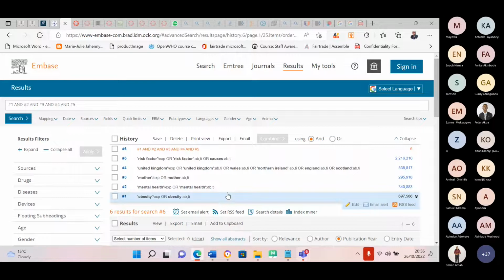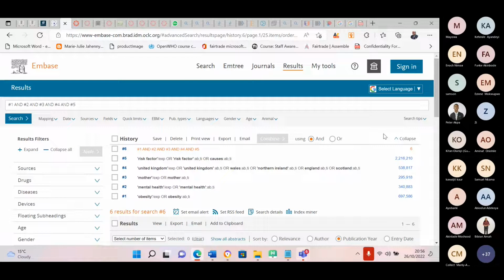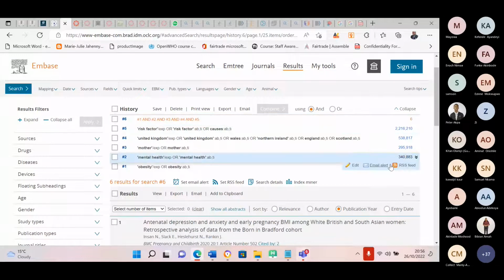So this time around, I have only 6 results. You know what that tells me? It tells me that my search is too narrow. So you can see here, I have only 6 results.